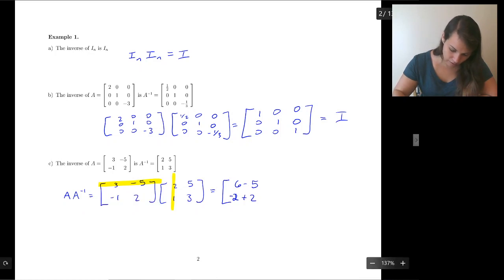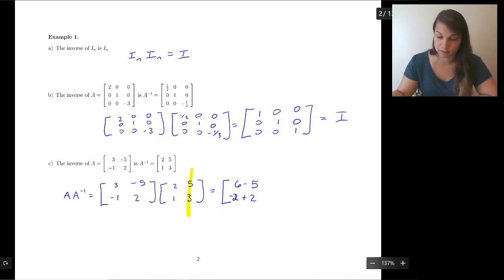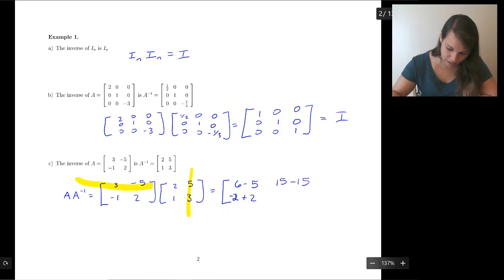Okay, good. And then we do column 2 to get column 2 of our result matrix. So row 1 gives us the first entry, so 15 minus 15. And then we do the second row.